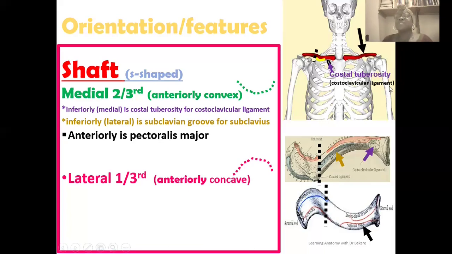So let's go back to this upper image where we'll be highlighting how the pectoralis major muscle runs, and it is seen to be related to the anterior border of the medial 2/3 of the clavicle. This region that is exposed here in this upper image is the anterior border.